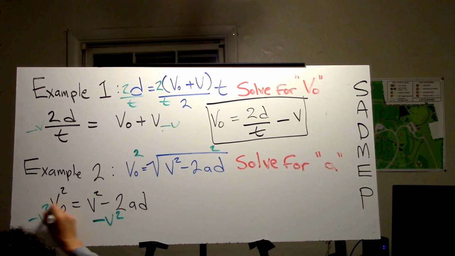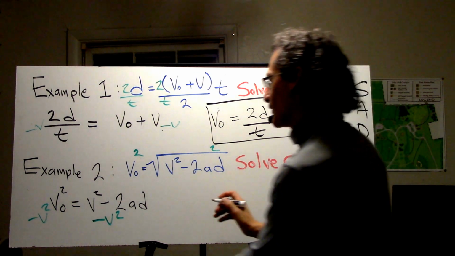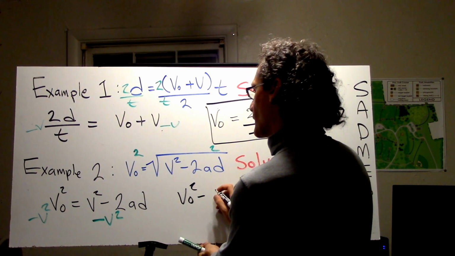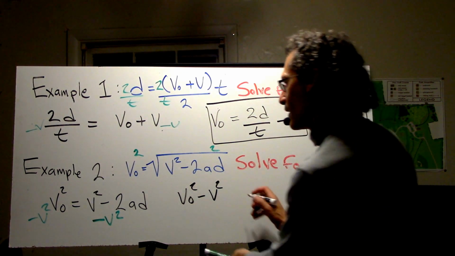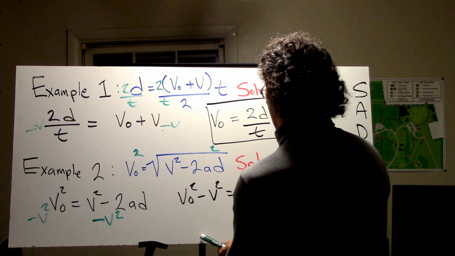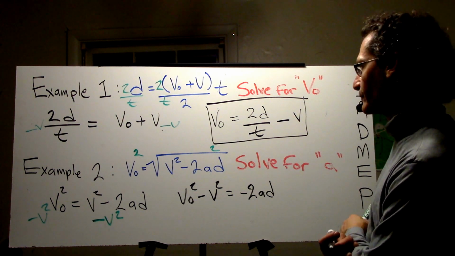Okay, so our next step says this. We now have v naught squared minus v squared equals negative 2ad, like that. Okay, good.